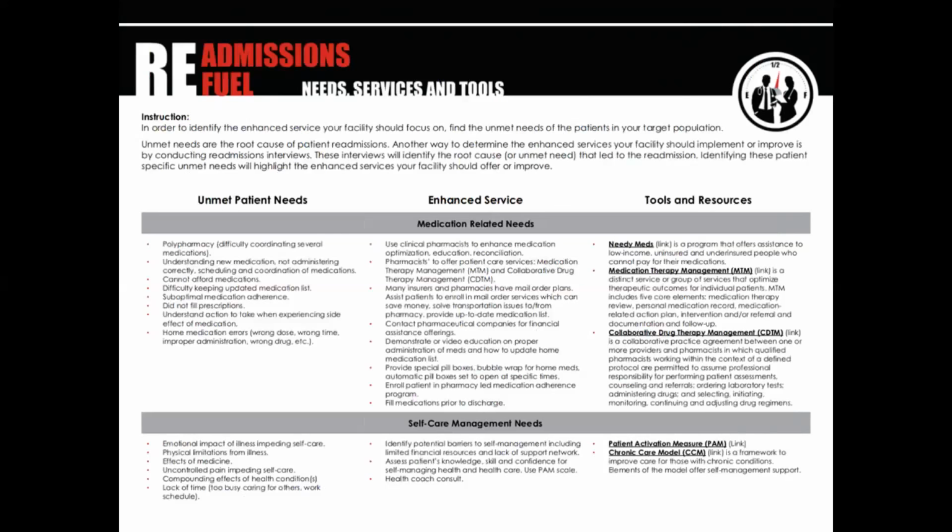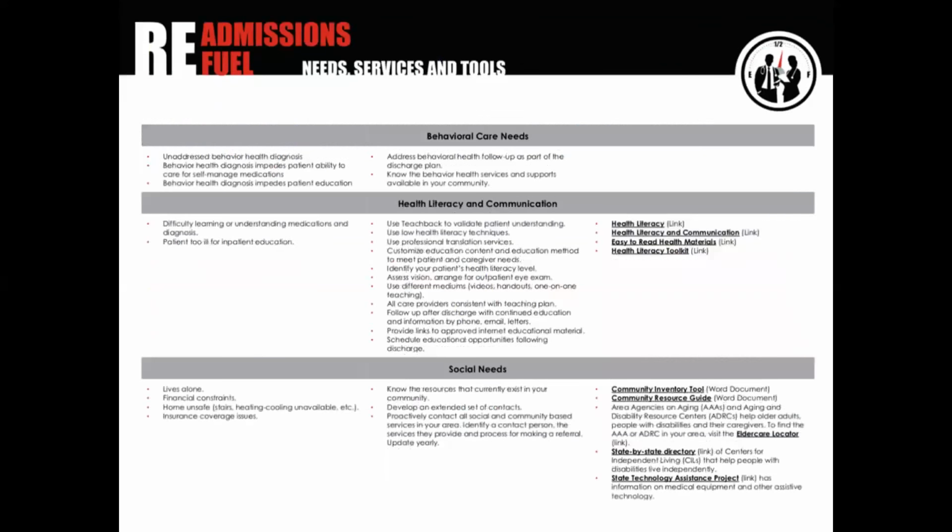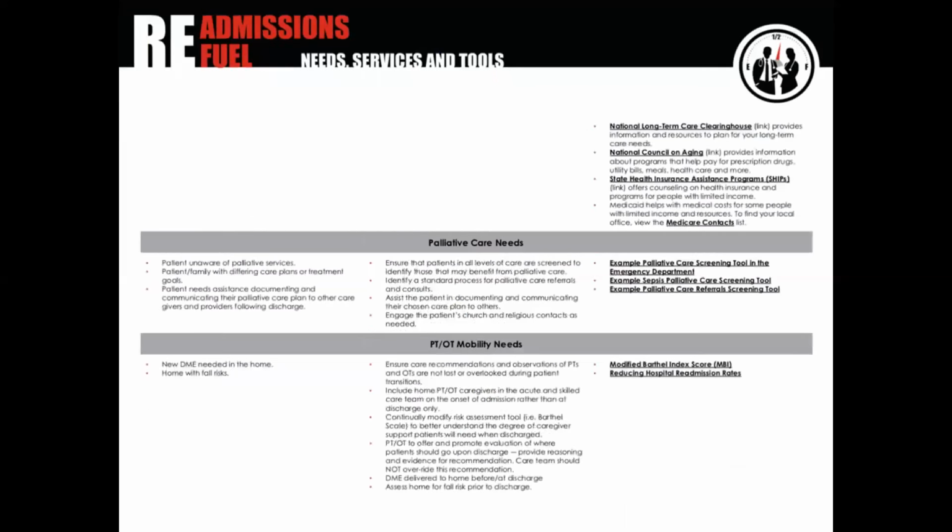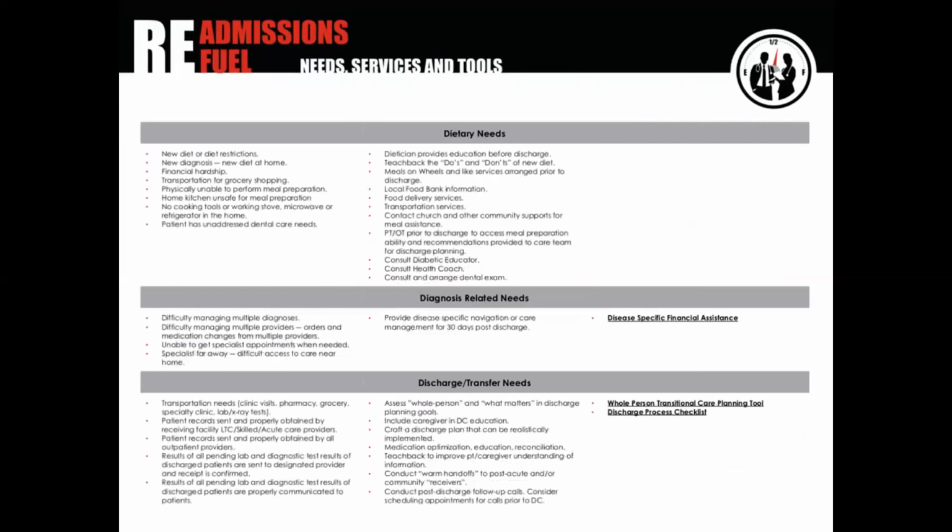So this tool is very robust, and I'm not going to walk through all the elements of it, but wanted to make sure that you notice the different elements like behavioral health, literacy, and social needs that are highlighted on the gray bars, palliative care needs, PT/OT, etc. Thank you, Kate. Dietary needs, diagnosis-related needs, and discharge and transfer needs.